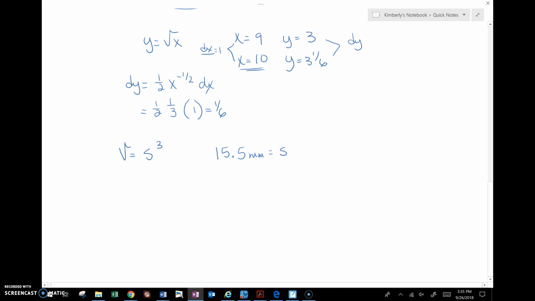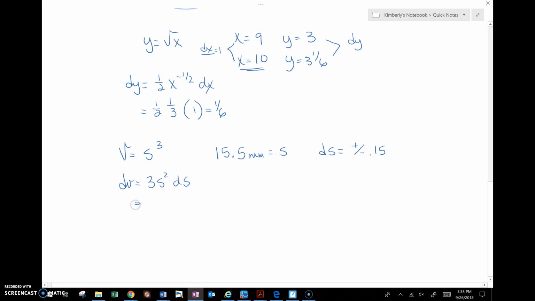But we're okay as long as the side only varies by plus or minus 15 hundredths. So we're going to take the differential, so dv equals 3s squared ds.